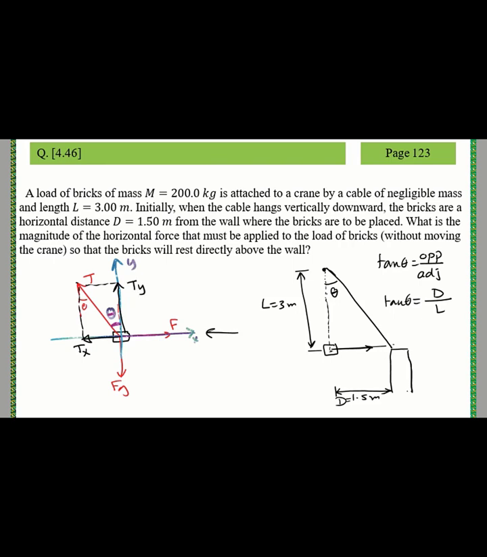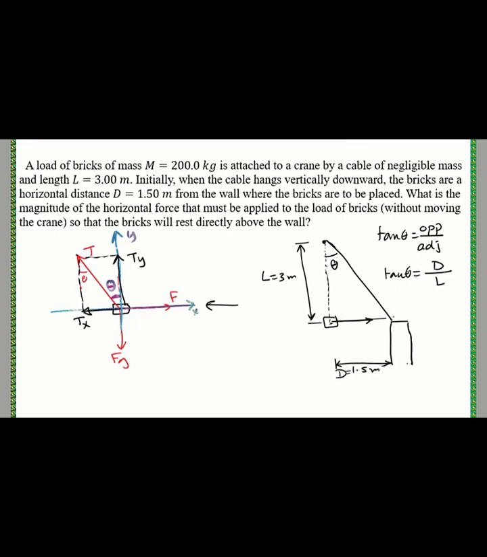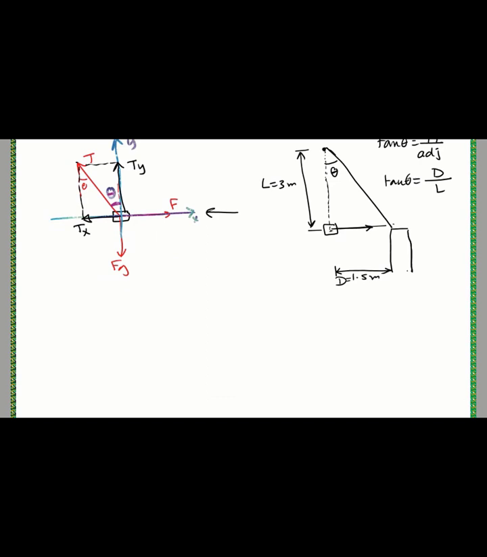And since there is no motion, we have equilibrium, we can say that F net total equals 0. That means F net on x-axis equals 0, and F net on the y-axis equals 0. On the x-axis we have F to the right minus Tx to the left equals 0. So F equals Tx.